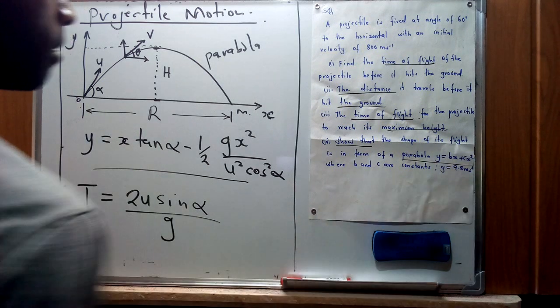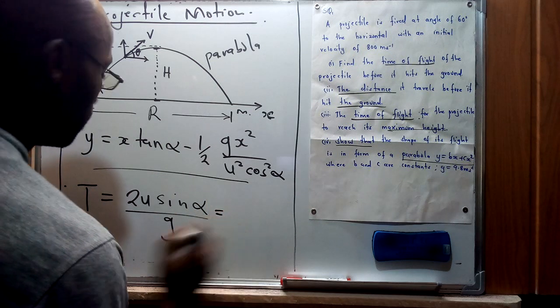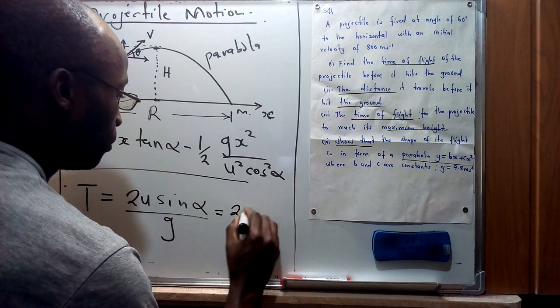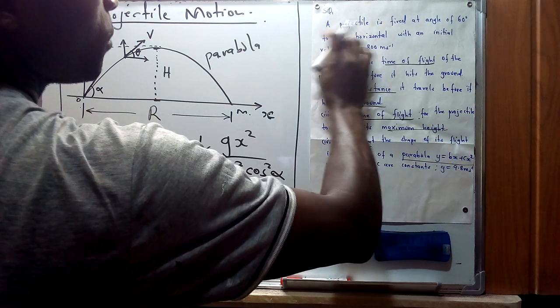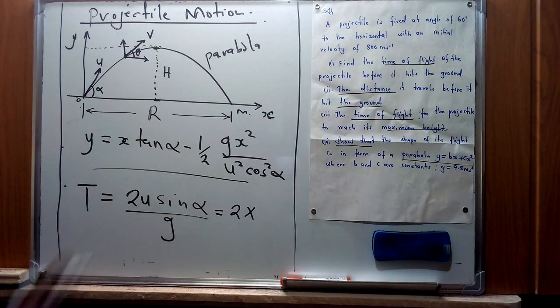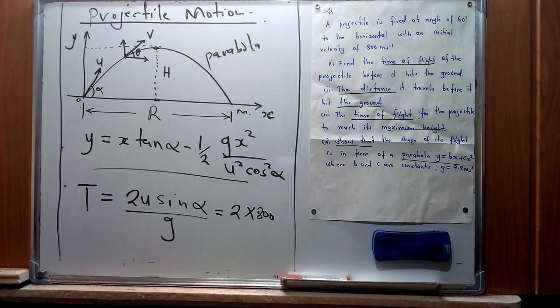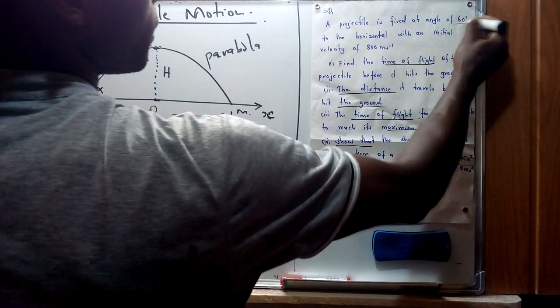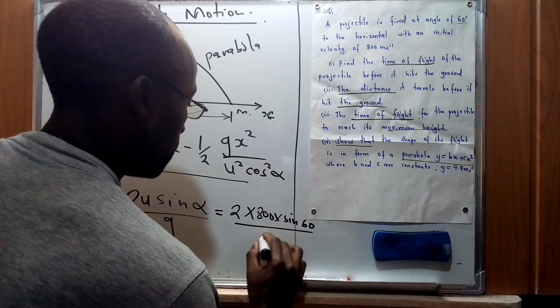Now we have been given g as 9.8 meters per second squared. So here we're just going to do a substitution. It's 2 times u, and for us, a projectile is fired at 60 degrees to the horizontal with an initial velocity of 800 meters per second. So u is 800 meters per second, and alpha, the initial angle, is 60 degrees, so this is the sine of 60 degrees divided by 9.8.